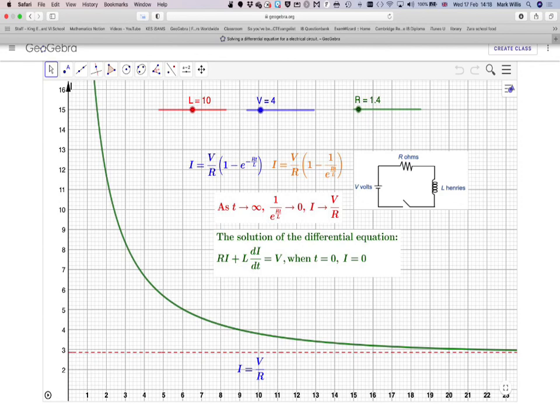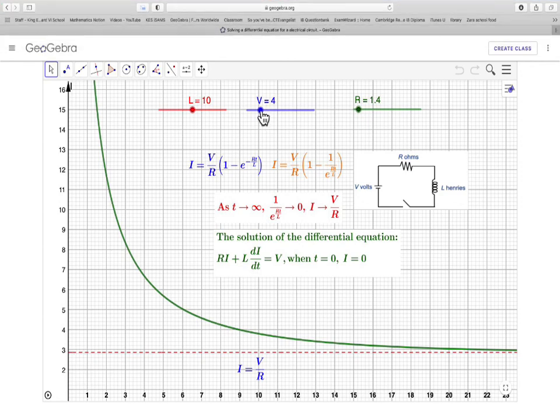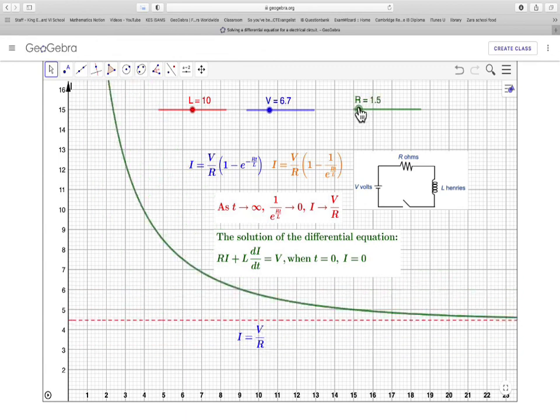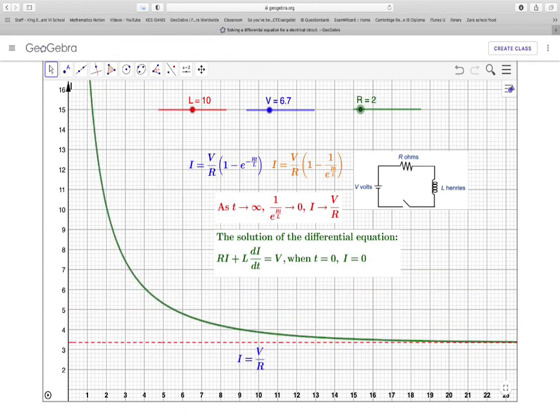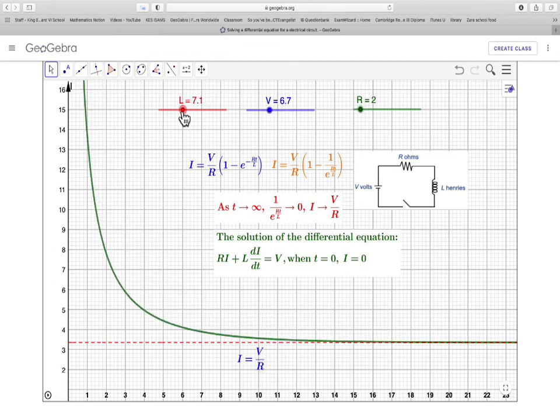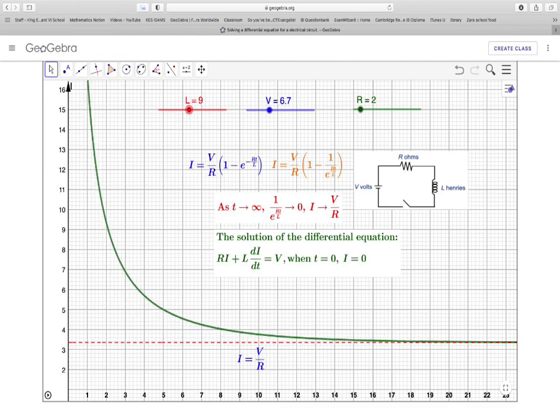And if we change these, we will see that it doesn't matter what we change it to be, as t goes to infinity, i will go to being near V over R, and even if we change L as well.